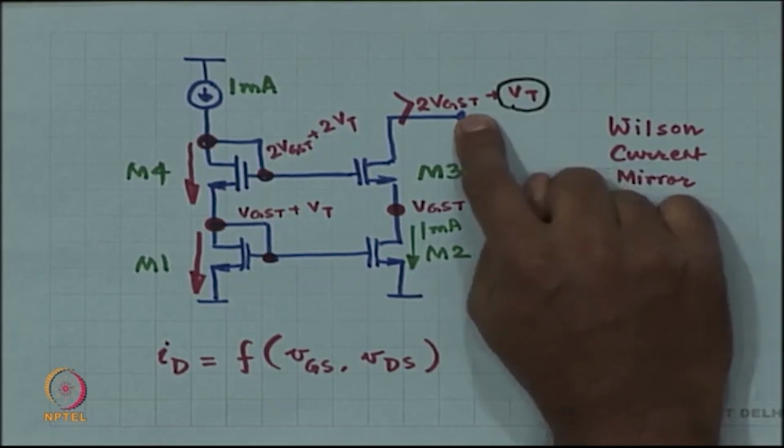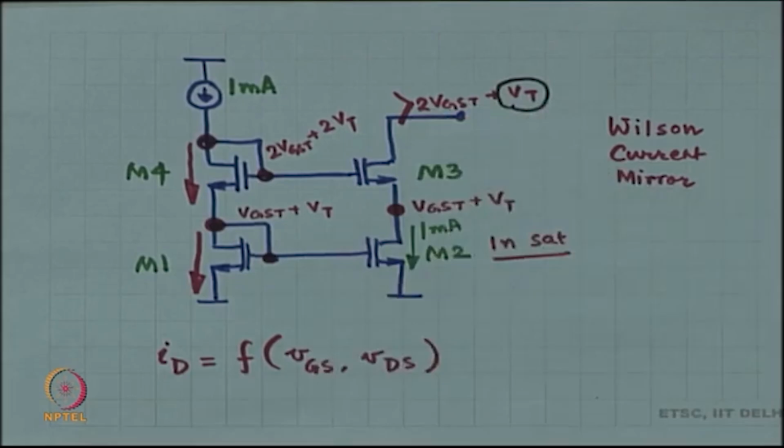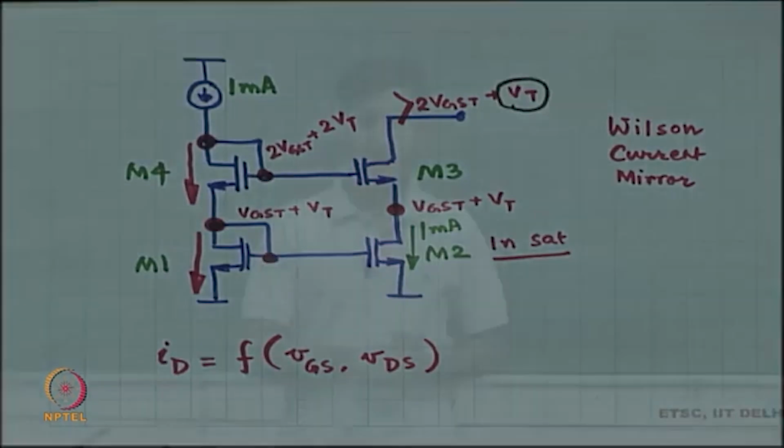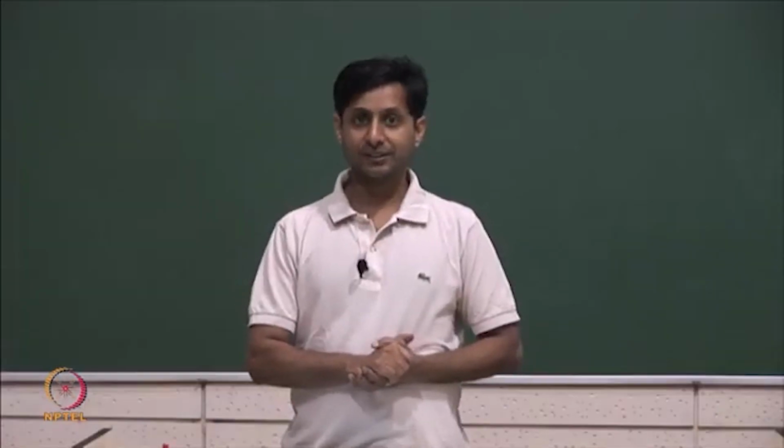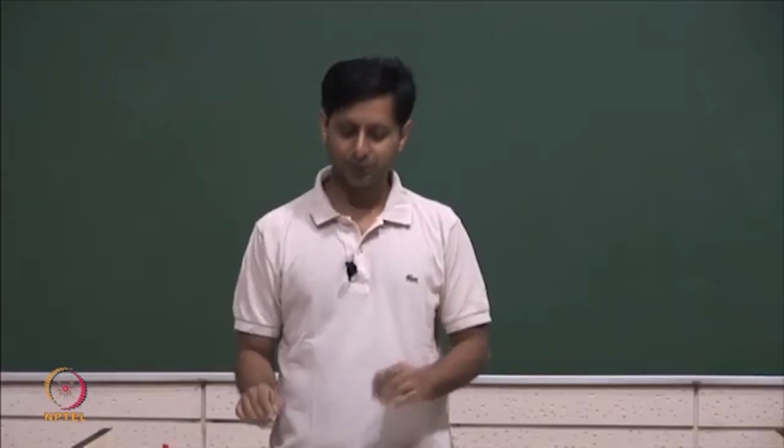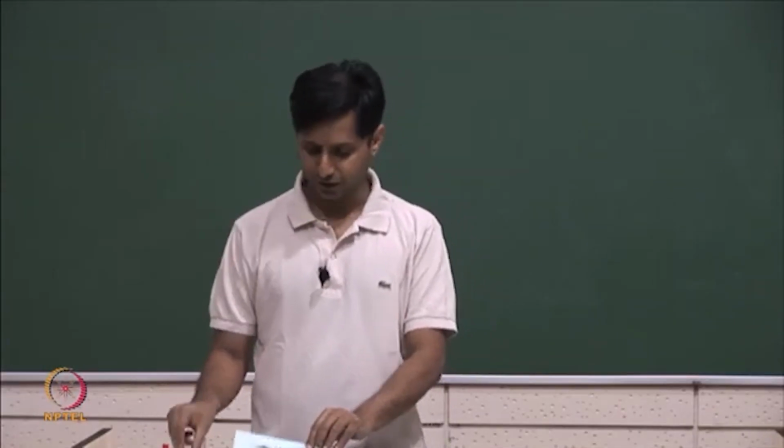In this case, it is 2 VGST plus a VT. So, the output range is suboptimal. However, it promises graceful degradation beyond the output range.